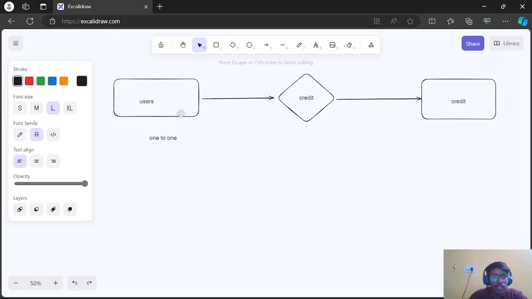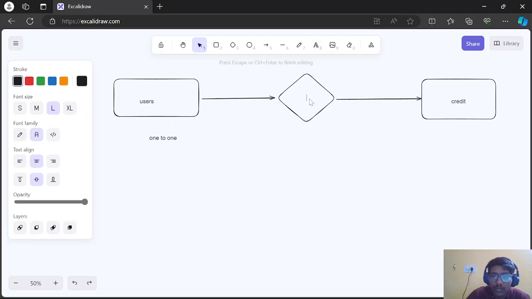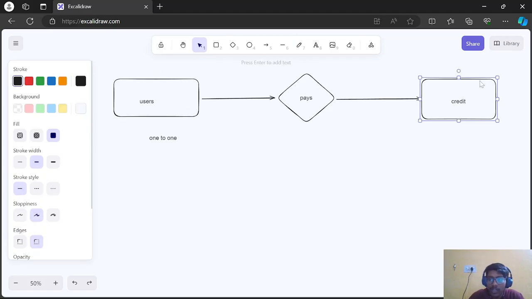So a user can pay for one credit, right? There will be one user and one credit, and the relationship between them would be the pays. So let's go on to another type of relation.